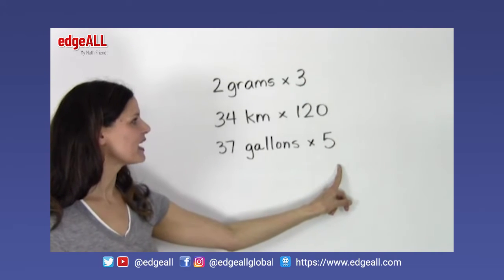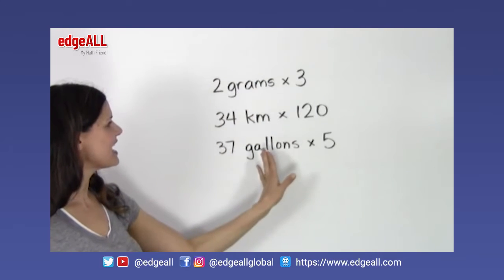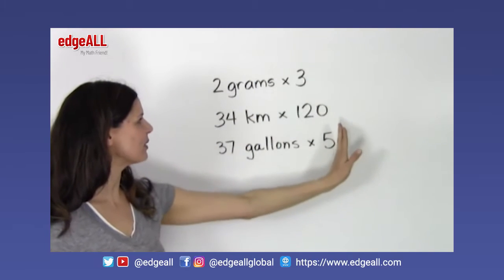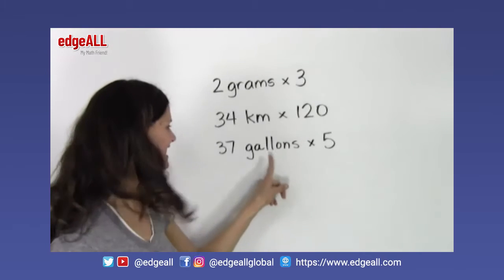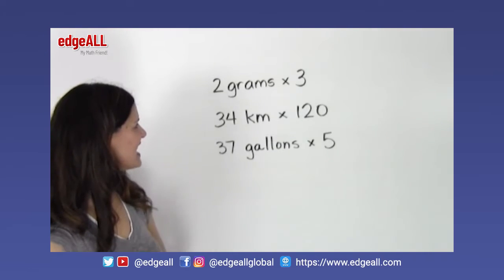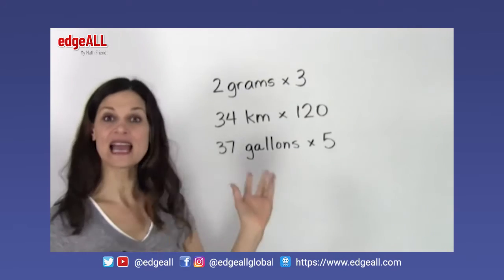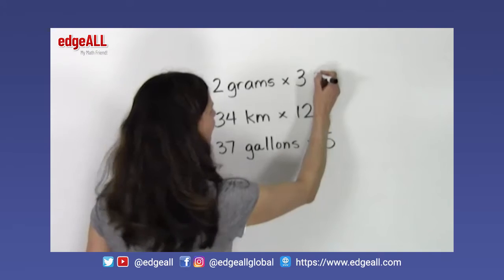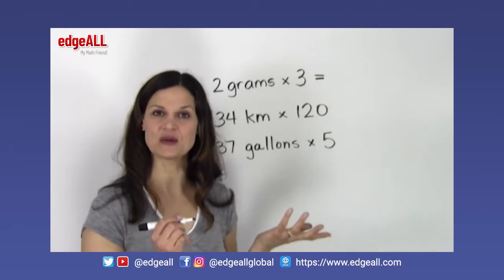number. If the number of units is multiplied by a number, the units are always retained in the answer. So let's take a look at this first one here, 2 grams times 3. If I know my multiplication tables, I know right away that 2 times 3 equals 6.